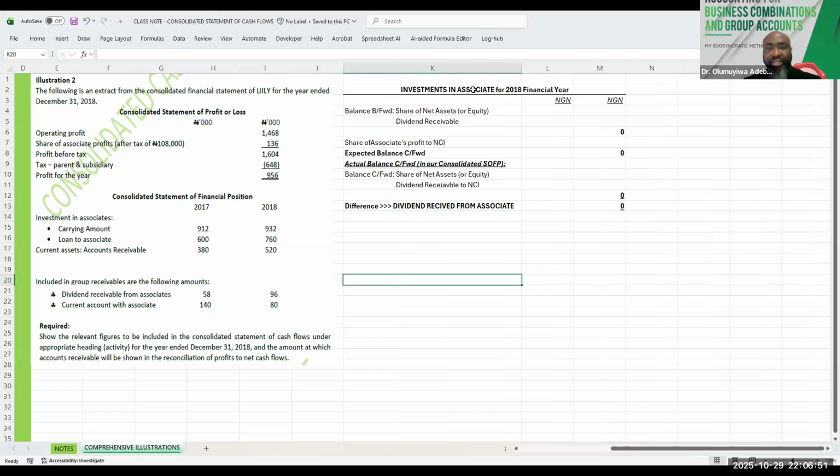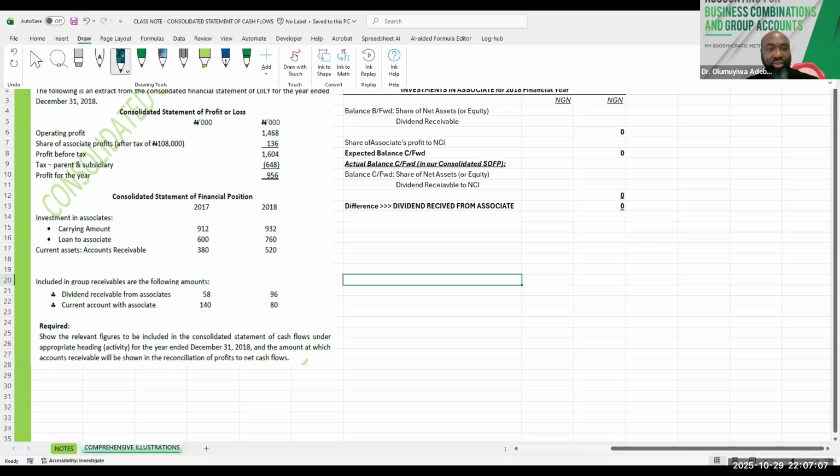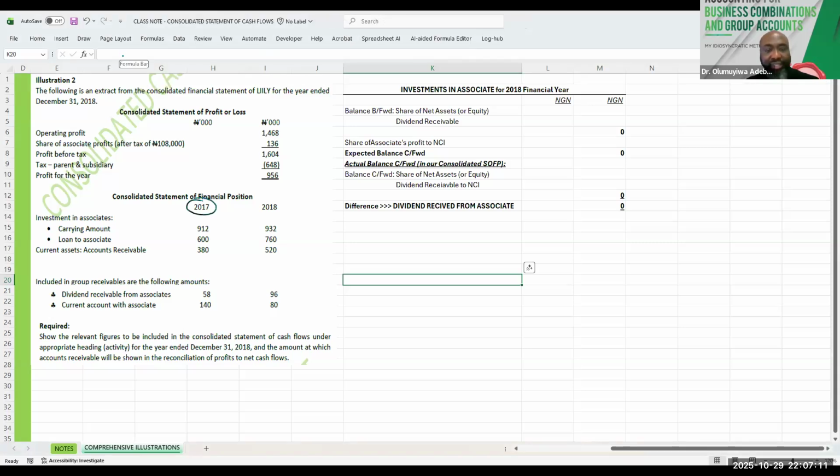Now, I've simply come in to say, okay, the associate, what was my opening balance? As you have seen in this question, the order was changed. Therefore, don't be deceived by the examiner. They can present it in any order.